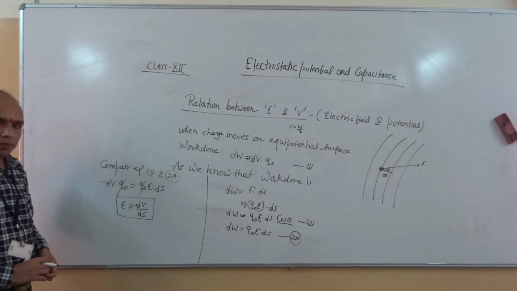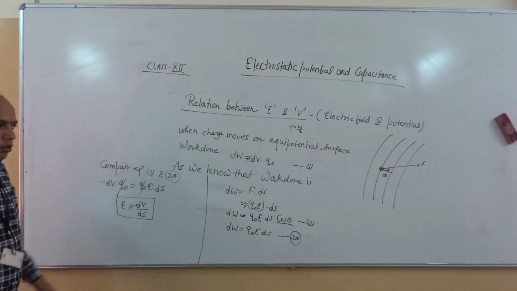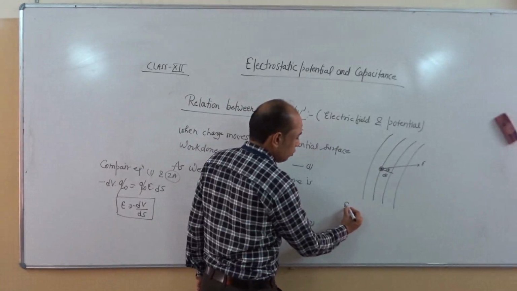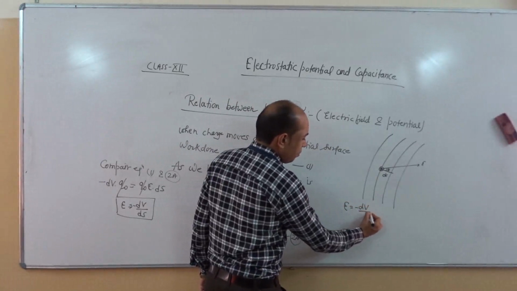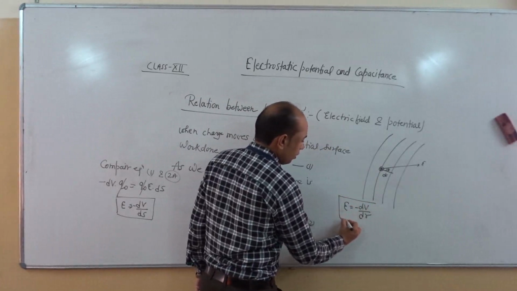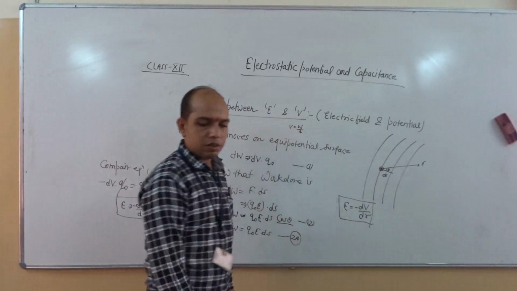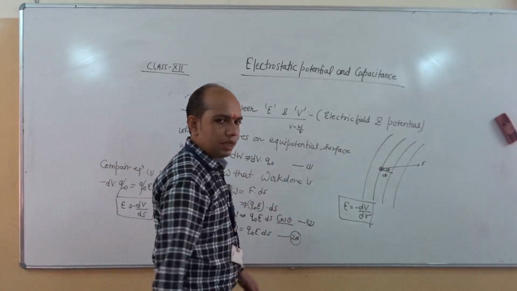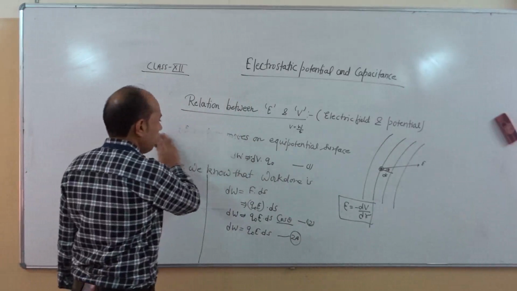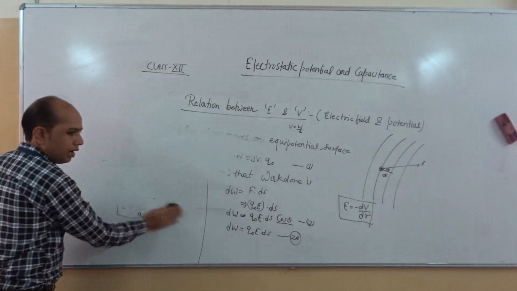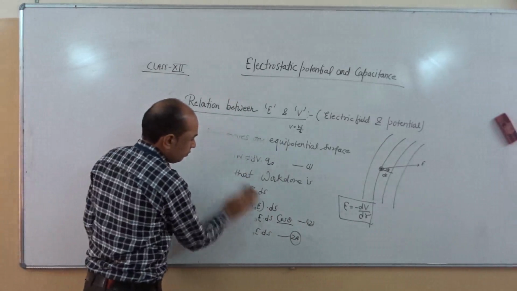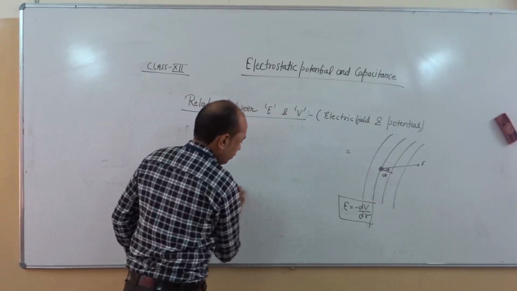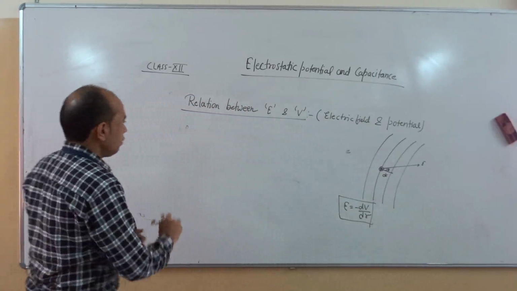ds denotes displacement, so it is also represented by r. So this identity is also written as E is equal to minus dV by dr. As we know that r denotes displacement or position, r is also written in terms of components along the x-axis, y-axis, and z-axis.